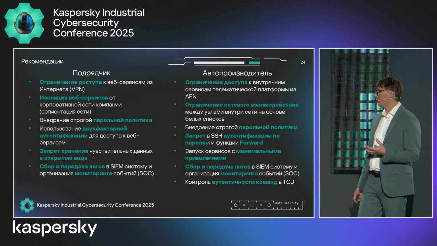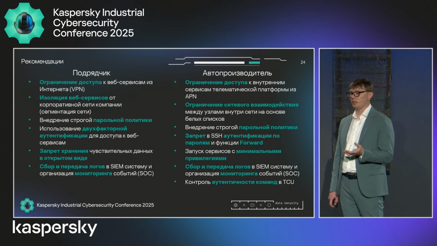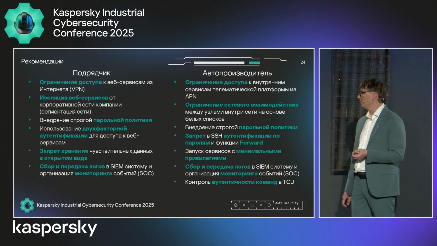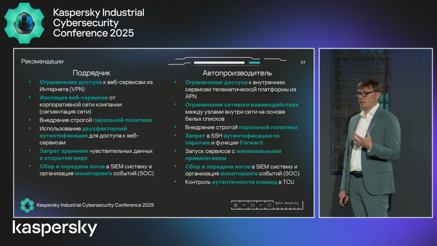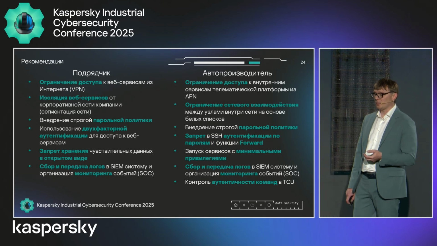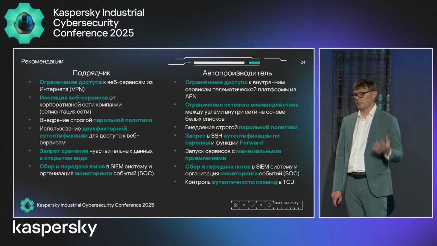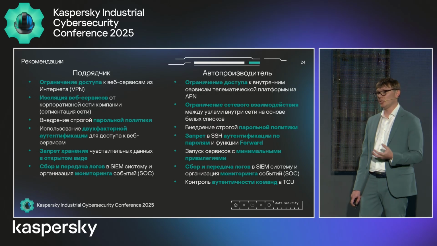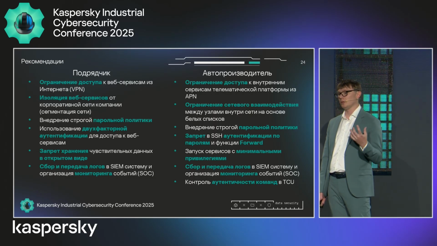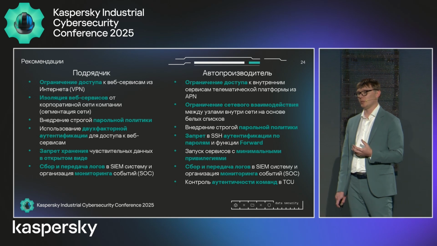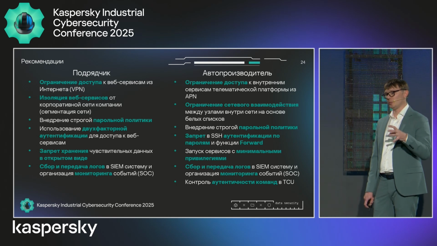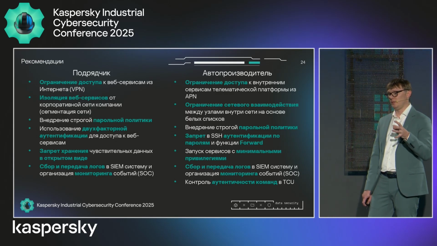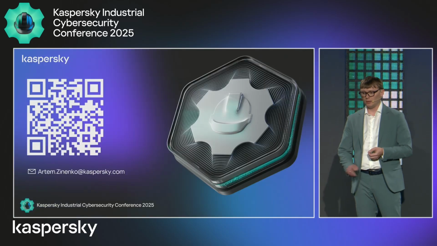We also recommended using very strong passwords, disabling SSH forwarding where it is redundant, having minimum privileges for access, and collecting and transmitting logs for certain events. The most challenging was to control the authenticity of the commands that get into the telematics, so that if a malicious user gets access, they won't be able to physically harm, for example, the vehicle.